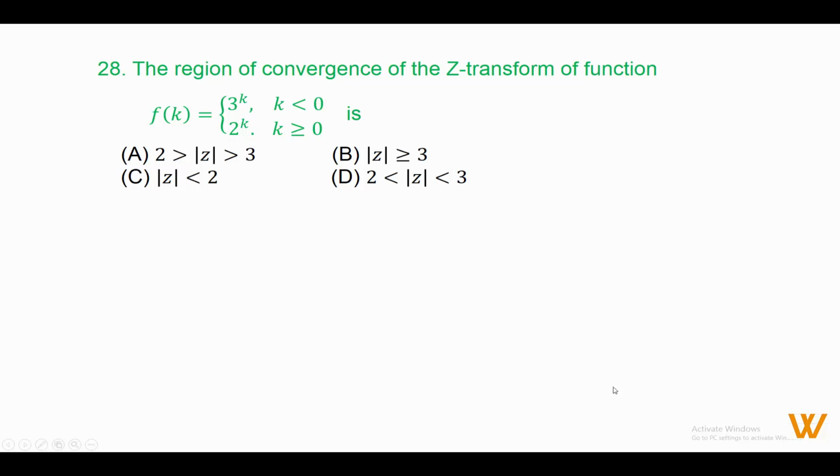Find the region of convergence when function is 3 raised to k, k less than 0, then region of convergence is mod Z less than 3, and when k greater than or equal to 0, f of k is 2 raised to k, so region of convergence is mod Z greater than 2. Means region of convergence is in between 2 and 3, means 2 less than mod Z less than 3. Answer is D option, 2 less than mod Z less than 3.